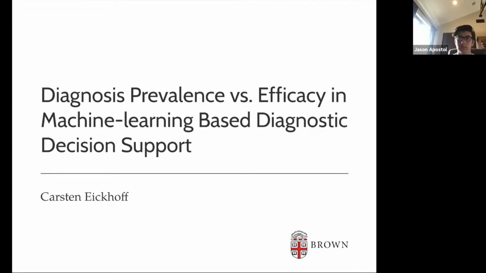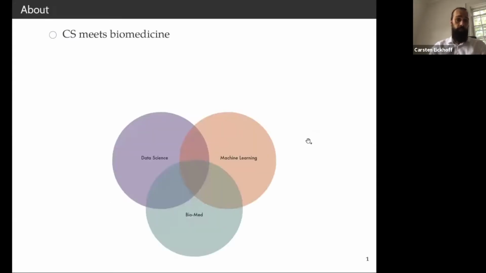All right. Before we dive into the technical details of this paper, I want to quickly say a few words about the context in which this all happened and who we are as a lab and what we do. The general premise is that a lot of the work that my students and I do follows this theme of computer science and often data-driven methods, right? So machine learning and friends meet biomedicine.